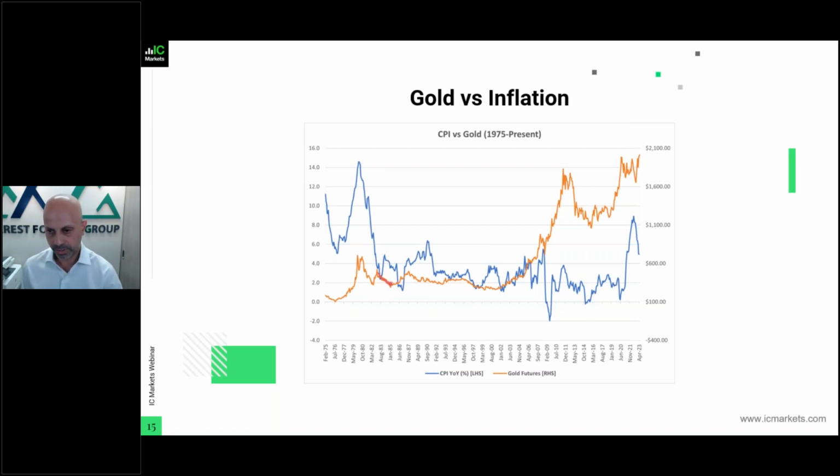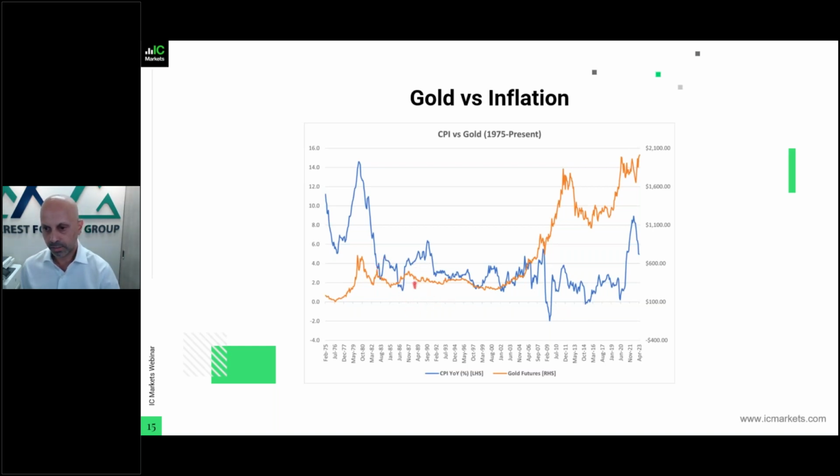During this period, although the inflation wasn't as high as what we saw in the late 70s, no doubt inflation started rising sharply, but gold actually went sideways and started to head lower, right? So in this instance, gold did not serve its purpose as an inflationary hedge.